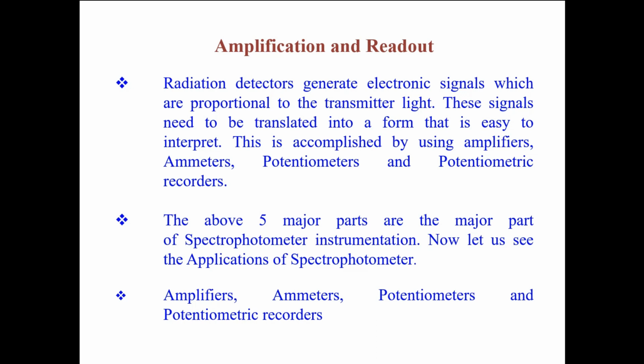See, for example, if two photons are released, these two become four, four become six, six become eight, or in an exponential way, like 2, 4, 8, then 16, 32, 64, something like that. In such a way there is an increase in the photon energy, and that photon energy will be measured.